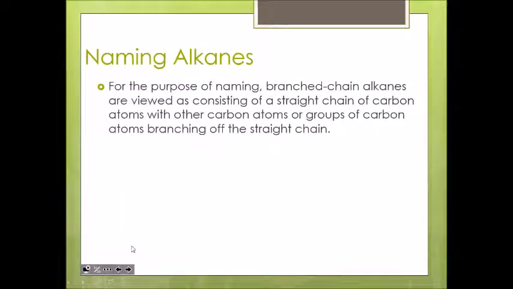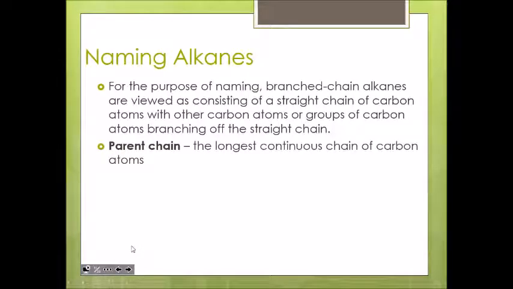All right, branched chain alkanes are named from a straight chain standpoint, or the longest carbon chain. And then we might have some groups that are attached off of the branched chains. The parent chain is going to be the longest chain of carbons. Counting the carbons in the longest chain, that's going to be our parent chain.